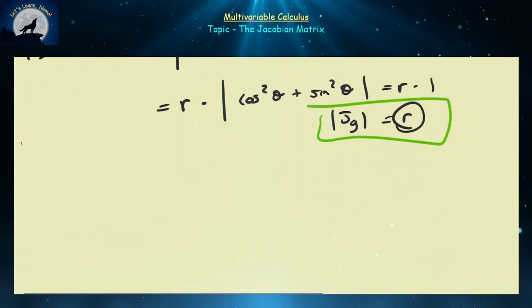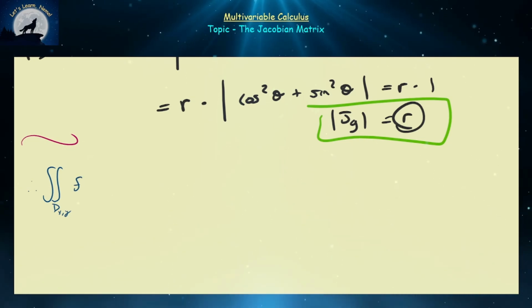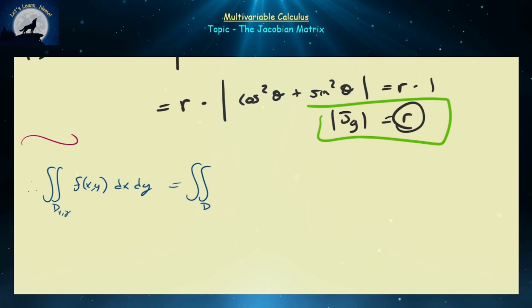So what does this mean from the integral perspective? If we want to doubly integrate over some domain D in the xy coordinate system of f(x, y) dx dy, then this would be equal to the integration over D parametrized with respect to the r theta coordinate system.